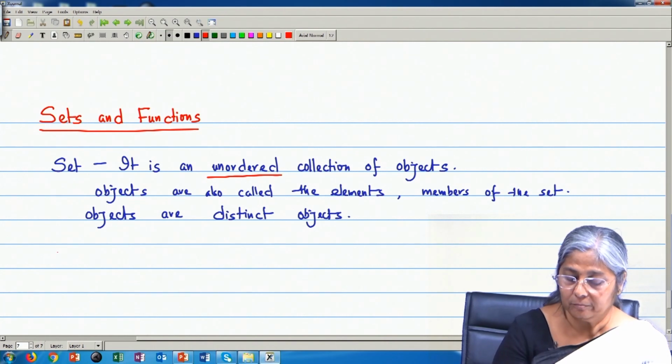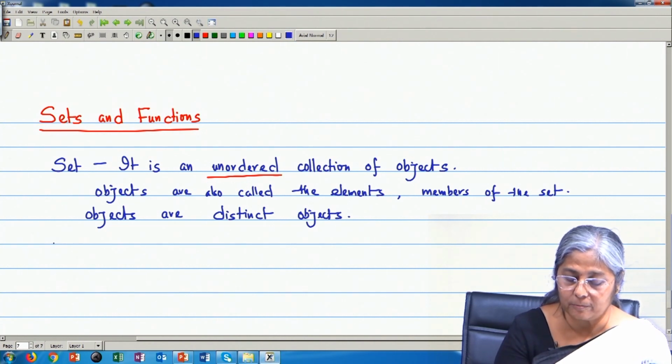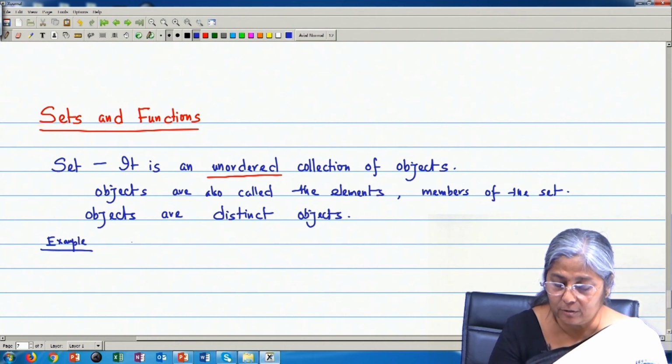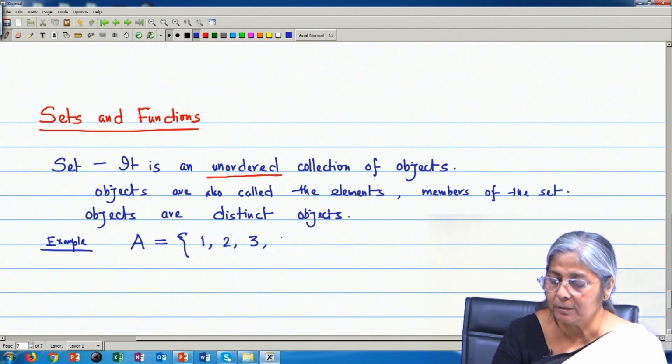Like, normally the notation is, say A is defined as the set 1, 2, 3, 5, 7.